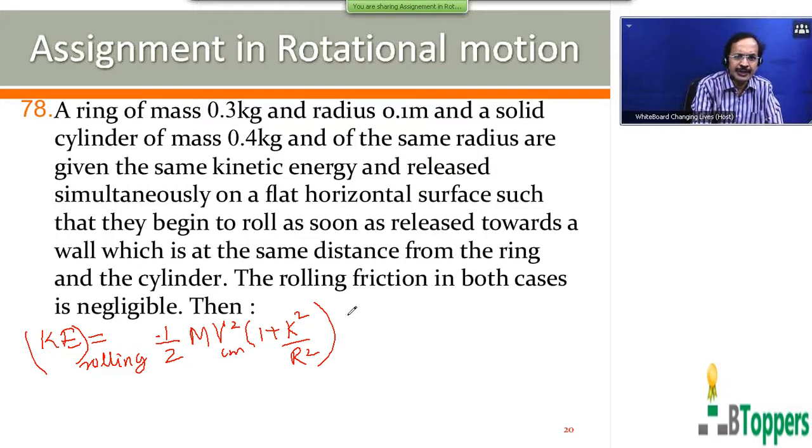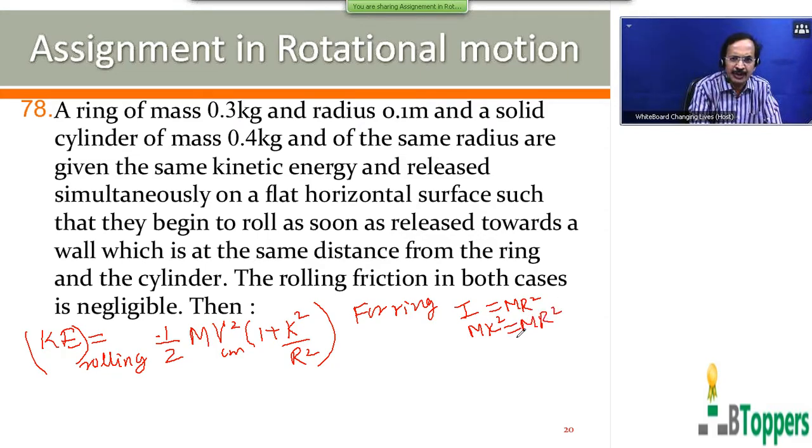Both have the same radius, so for the ring you can write, as explained earlier, for a thin uniform circular ring, the moment of inertia is given by m r square, and I can be written as m k square. So k square by r square will be 1. For a uniform solid cylinder, I equals m r square by 2, which you can write as m k square.